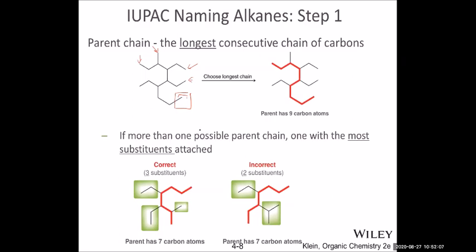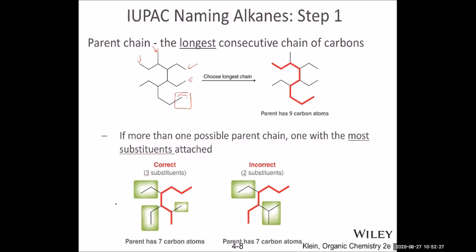If there is more than one possible parent chain, which means there are 2 ways that both give an equal and highest number of carbon atoms, which one is best as the parent? The rule is whichever has the most branches, most substituents.